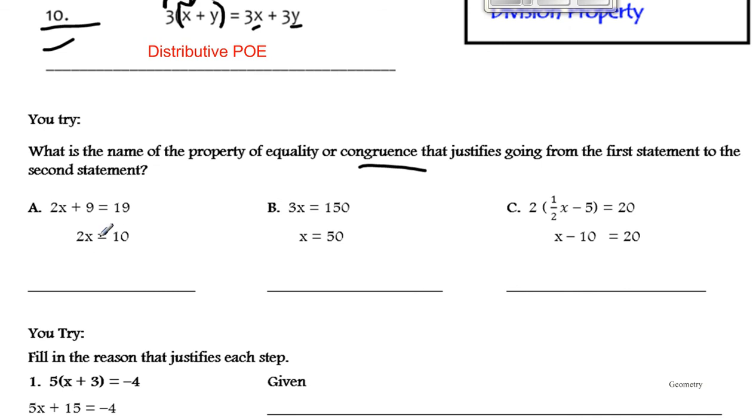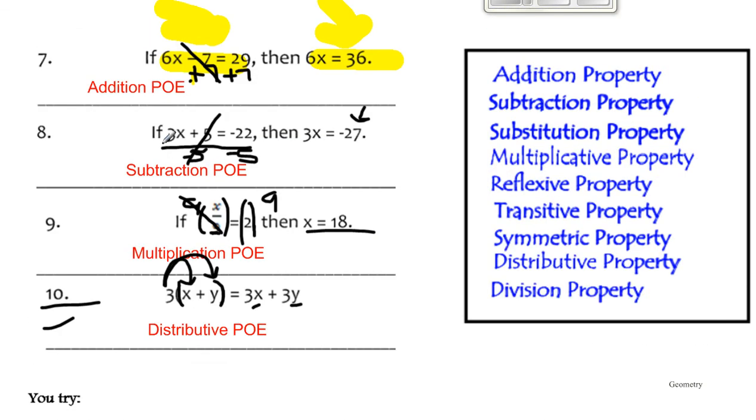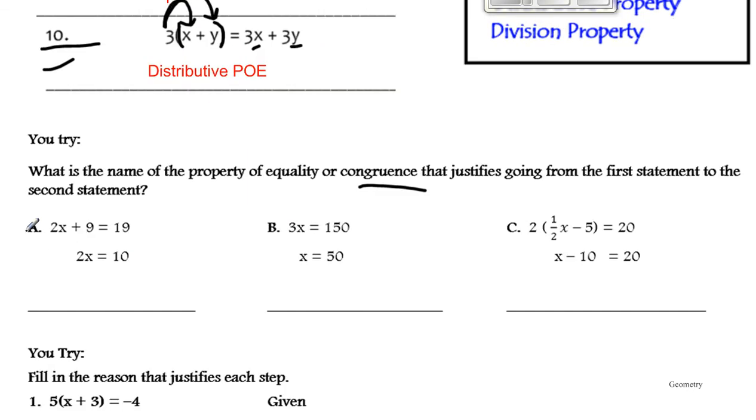All right, so just like we had up here with our if-then statements, pretend that's what this says. If 2x plus 9 equals 19, then 2x equals 10. And you're still asking yourself the question, how do we get from here to here? That is our reason.